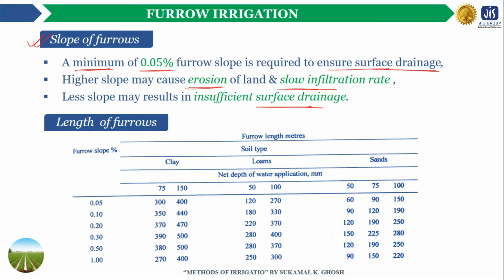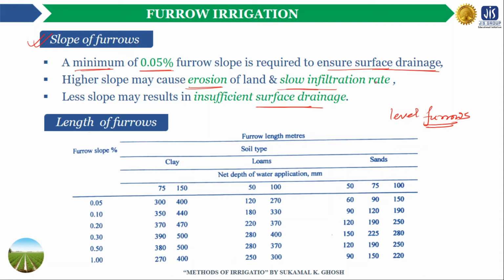However, in the soils having very low infiltration rates, the furrows are usually level without any slope being provided along their lengths. These furrows are known as level furrows, in which the water is ponded until it is absorbed by the soil.